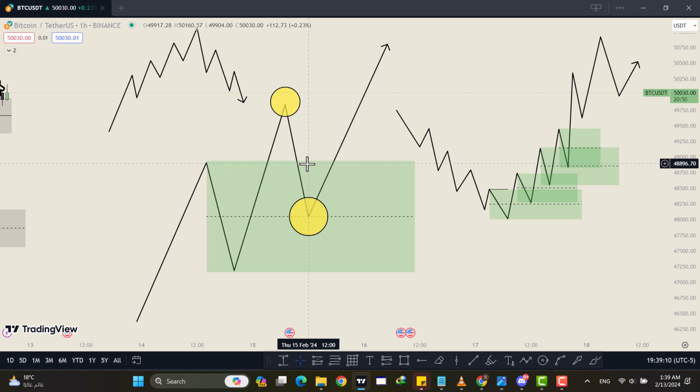Now, if you want to execute on the 15-minute time frame, you can do that, of course, and use the daily time frame for that, right? But you will not get that many setups per day. So whatever suits your style.